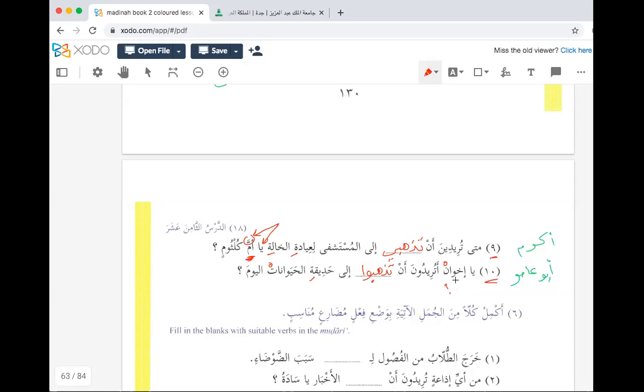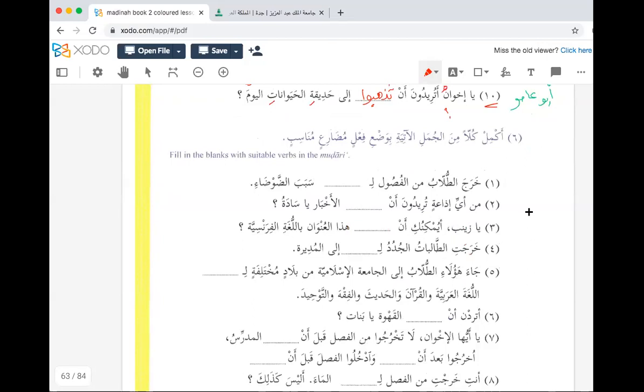What should it be? الله أعلم. No. It should be إخوان. And this one إلى حديقة الحيوانات. الله أعلم. Correct. مضاف إليه. أحسنت. Okay. That was very good. Well done.